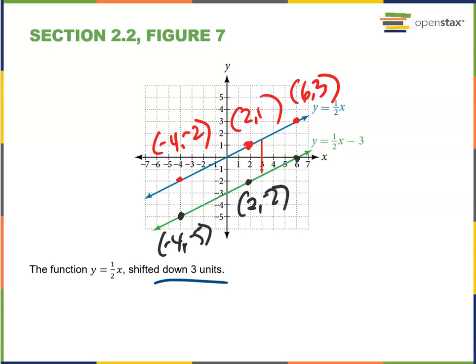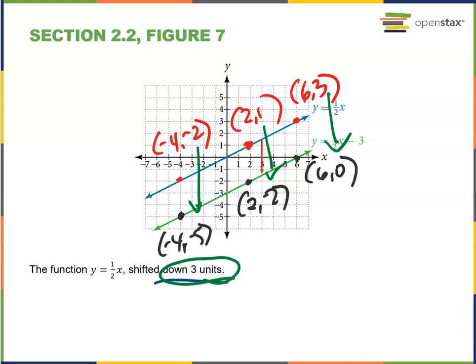And this point here is (6, 0). What do you notice about these coordinates? The x values are the same: -4, 2, 6. But the y values, look at that, from -2 to -5, from 1 to -2, from 3 to 0.